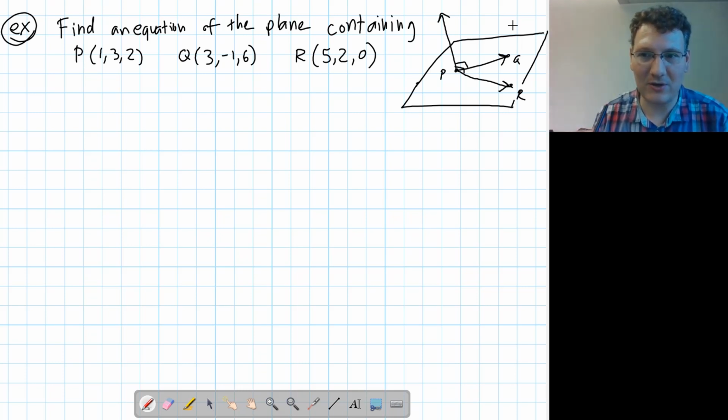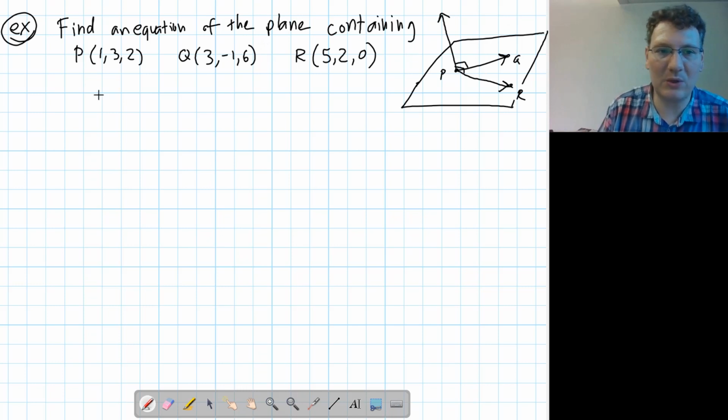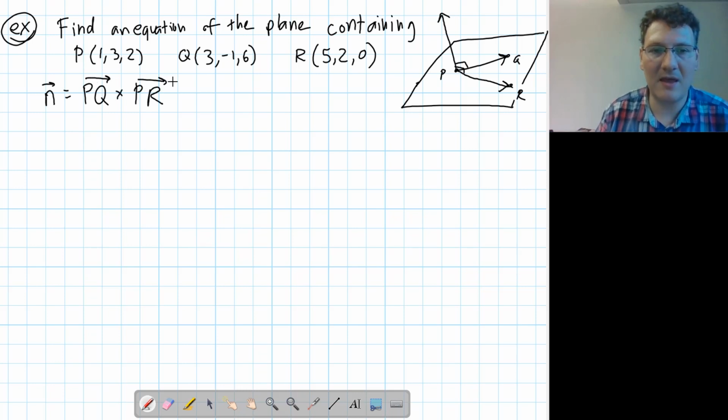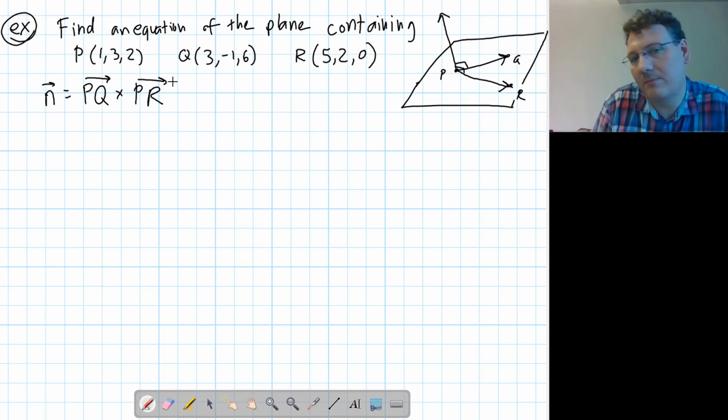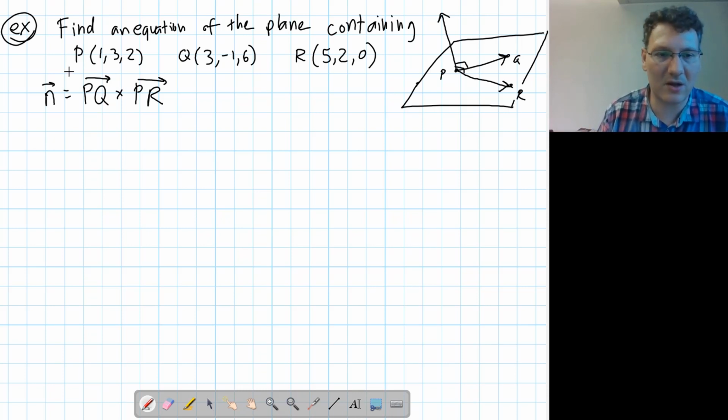And that should make you think cross product. And that's exactly what we want to do. Our normal vector is going to be PQ cross PR. And then the point that we choose could be P, Q, or R, either one of them. But really, we need to do this cross product in order to find the normal vector.